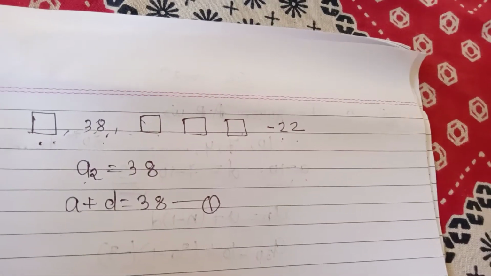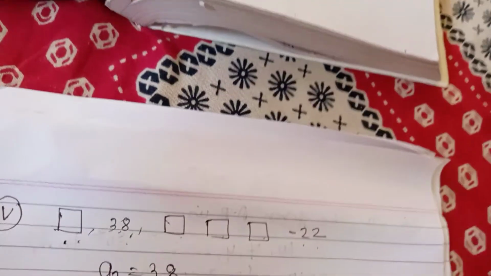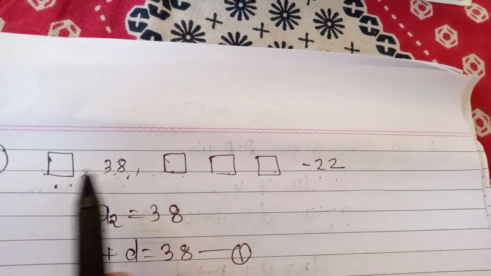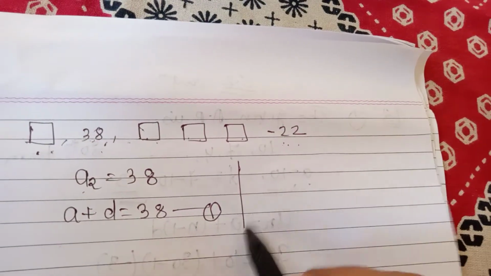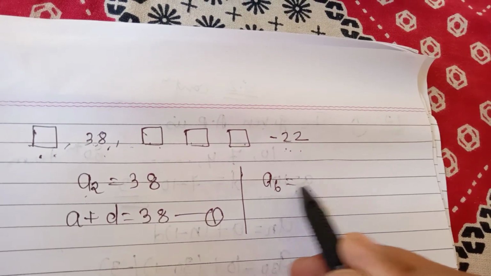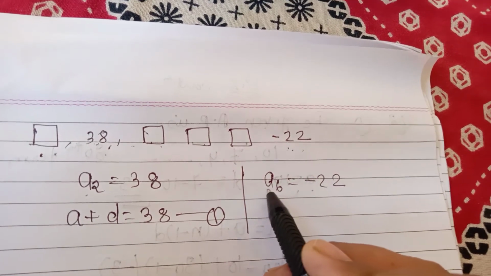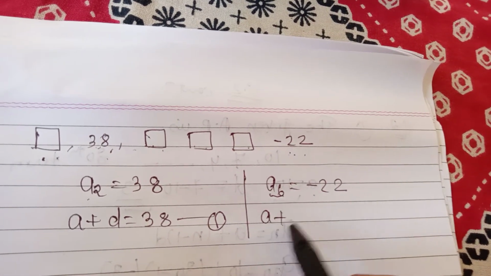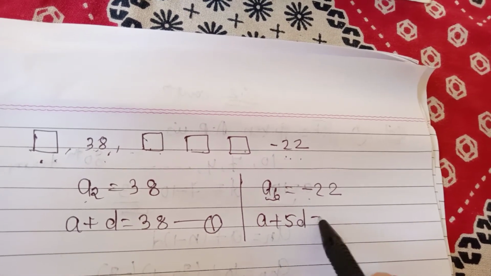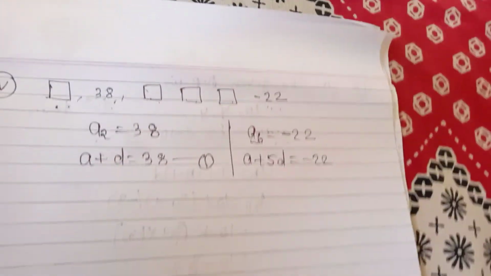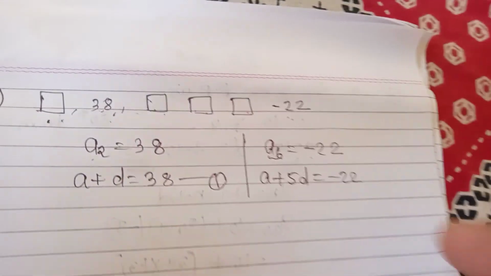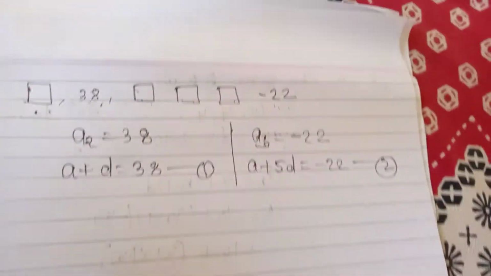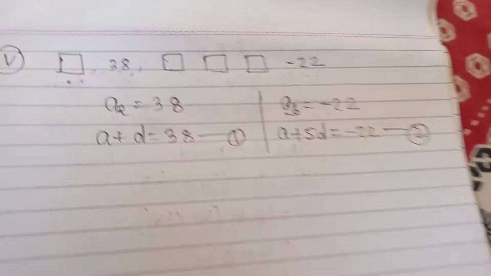Now what is the next term given here? First, second, third, fourth, fifth, sixth term. a6 is given as minus 22. So what is the general term of a6? It is a plus 5d is equal to minus 22. So again we got two equations.